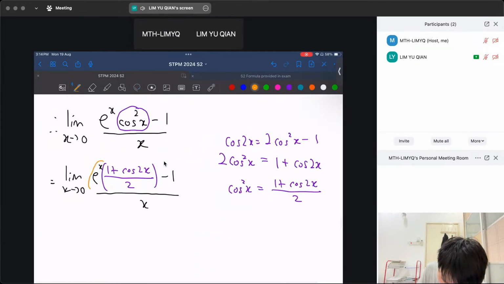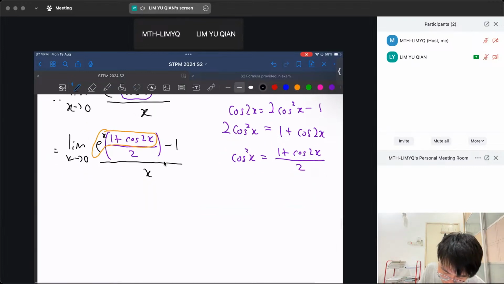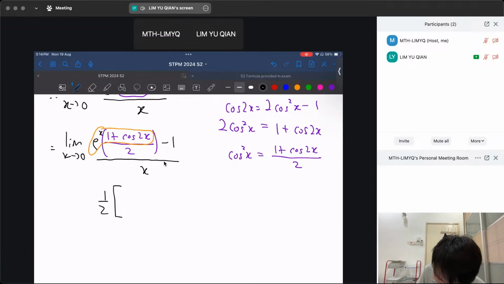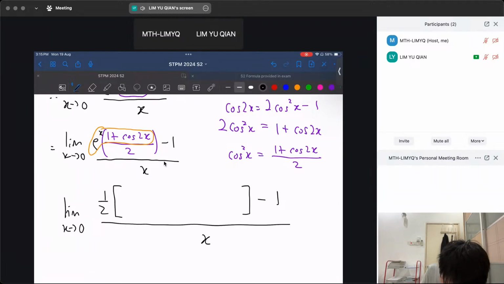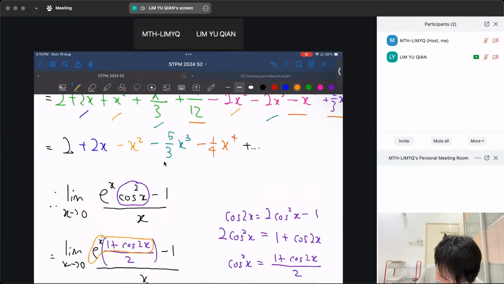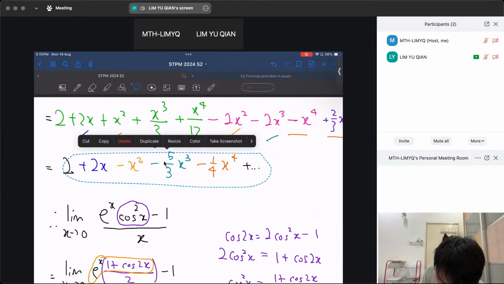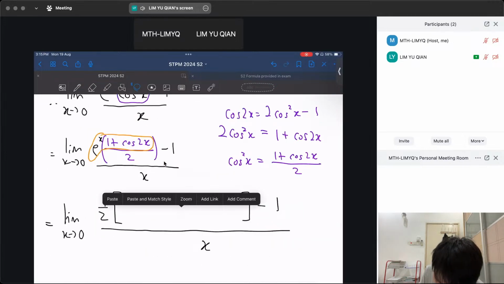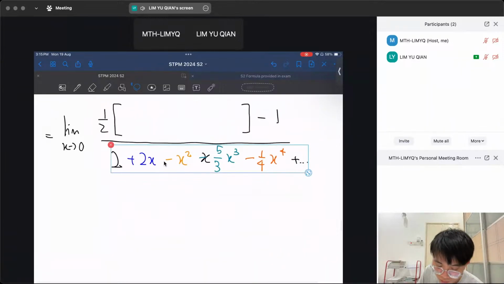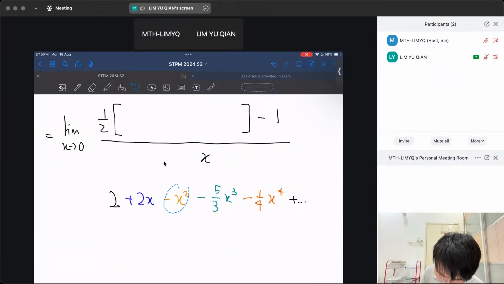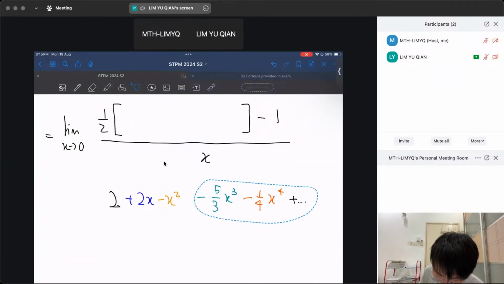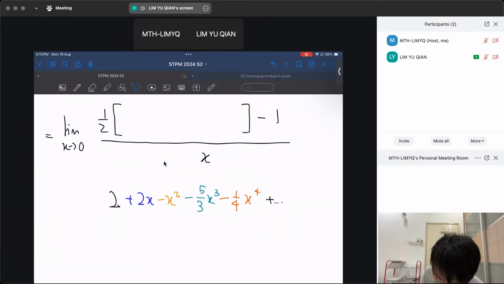So actually we can see over here, 1 over 2 we can take out and then substitute with our series that we just found in our first part. This one is quite easy, just substitute the identity, and the rest is just a standard procedure. Substitute everything.